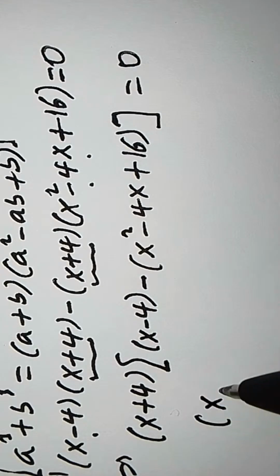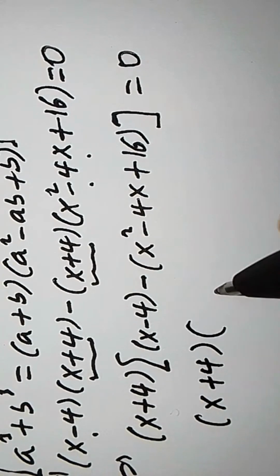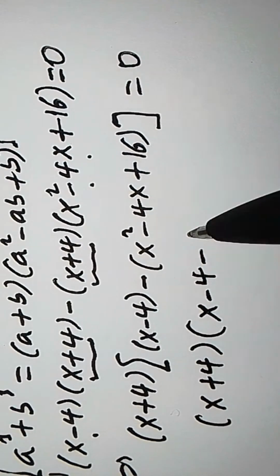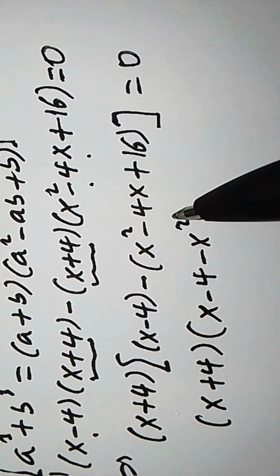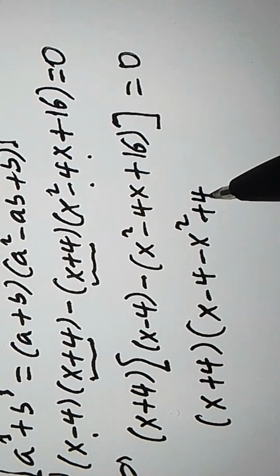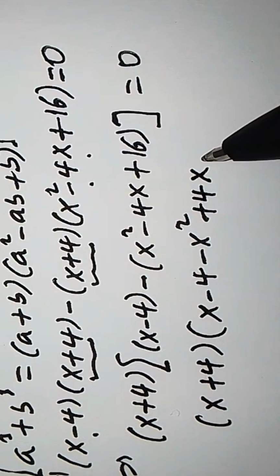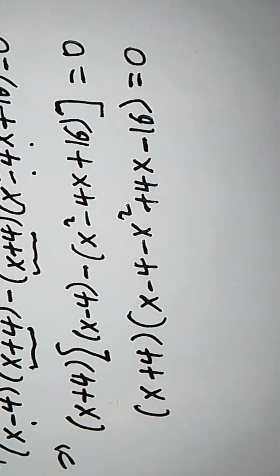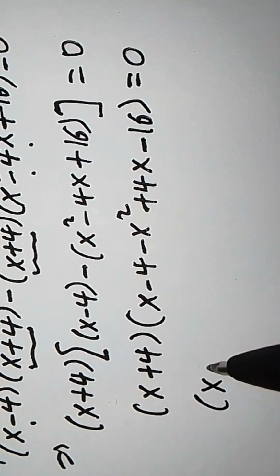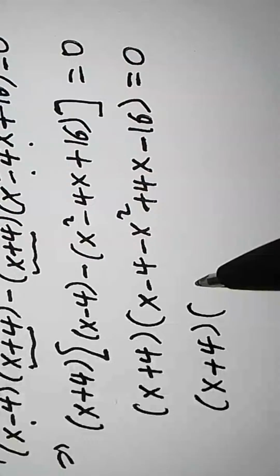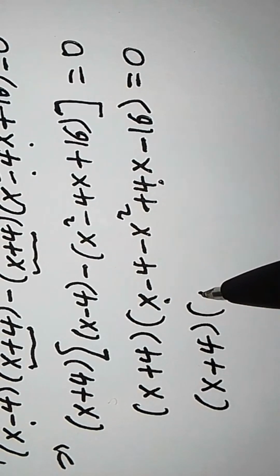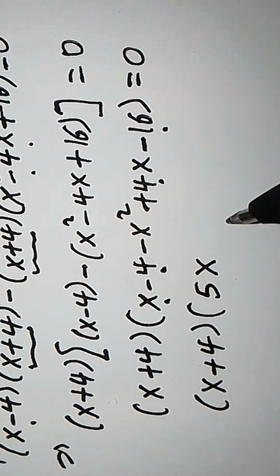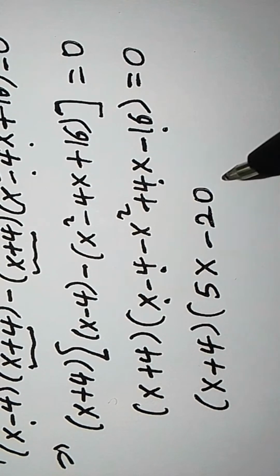So x plus 4 times x minus 4 minus times x squared, that is minus x squared, minus times minus, that is plus 4x, minus times plus 16, that is minus 16, equal to 0. Let's proceed further. So we have x plus 4 times x plus 4x, that is 5x, minus 4 minus 16, that is minus 20.